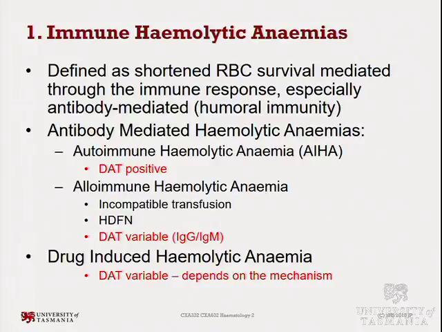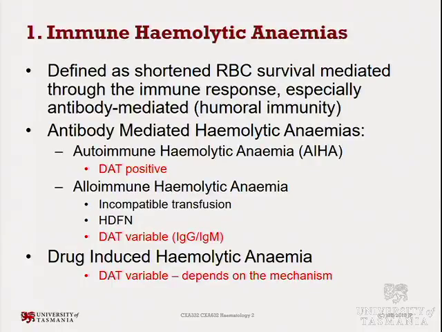because it's usually due to either a blood group mismatch. So for some reason the patient had an antibody to an antigen that was present on red cells that were given to that patient. Or HDFN is hemolytic disease of the fetus and newborn. So there could be a mismatch there between the fetus or the neonate and the mother.